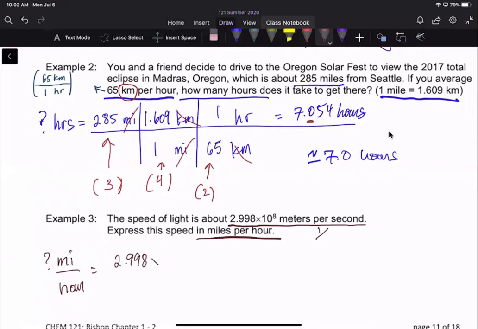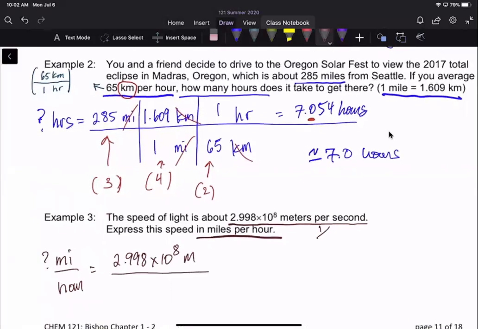2.998 times 10 to the 8th meters. You see we have a distance on top. We're going to convert it to miles, which is another distance, per 1 second. So if it just says per second, that means that's the speed for 1 second.